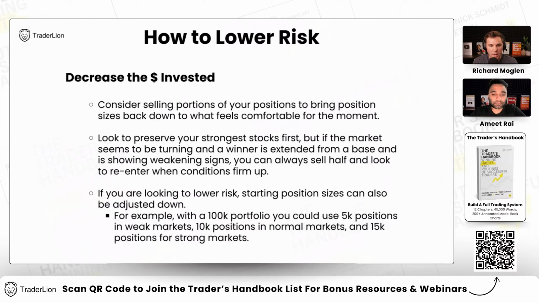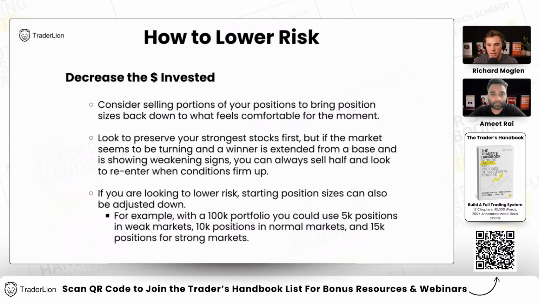And just in general, if you're looking to lower risk, starting position sizes can also be adjusted down. This is progressive exposure, which we'll get into later on. As an example, if you've got a 100K portfolio and in general you'd like to use 10K positions as a starter in a strong environment, when the market is very choppy, very volatile, below moving averages, if you're going to trade, instead of a 10K starter position you could use a 5K.